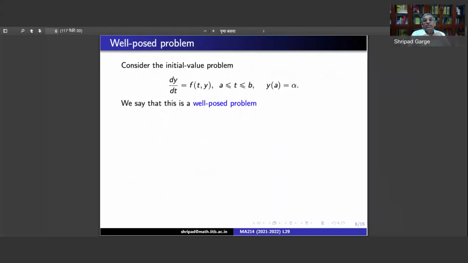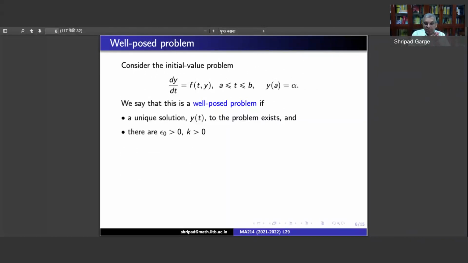We say that this is a well-posed problem if a unique solution y of t to this problem exists, and now let me state the whole statement and we will try to understand it.